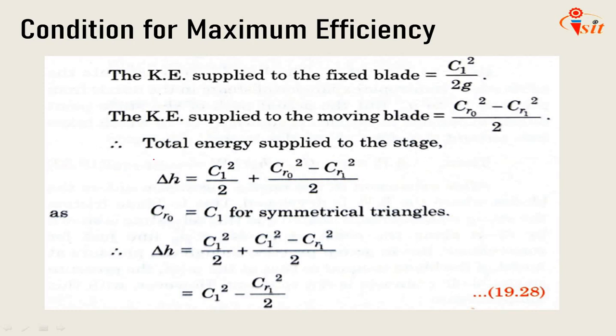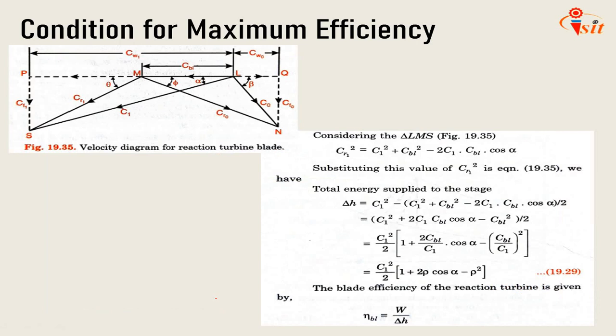Okay, now total energy supplied will be delta H equal to C1 square by 2 plus KE1 plus KE2, that is delta H. Now as we know that for the symmetrical triangle CR0 equal to C1, so the equation becomes delta H equal to C1 square by 2 plus (CR1 square minus C1 square) divided by 2. Ultimately we are getting the equation (C1 square minus CR1 square) divided by 2.